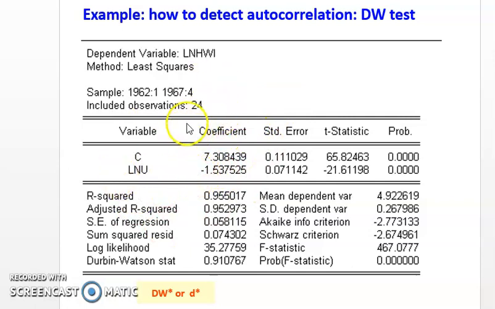Once you regress the dependent variable on L and U, you have all this estimation, and here is the Durbin-Watson stat. This is the test statistic for the Durbin-Watson test, which is 0.910767. This is already calculated.